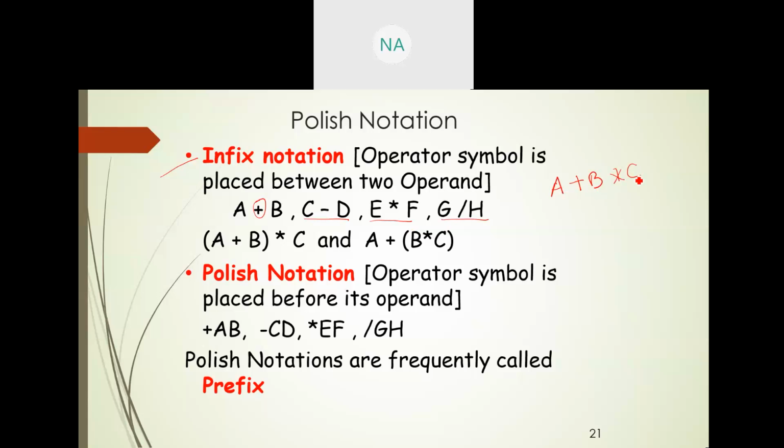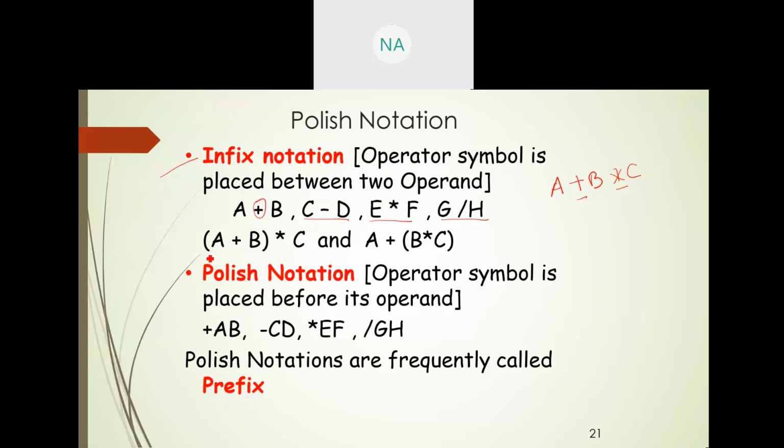So there is ambiguity whether to evaluate the plus sign first or the multiplication first, whether to evaluate the plus operator first or multiplication first. This can be resolved in two ways. We have already discussed this. Either use parentheses.